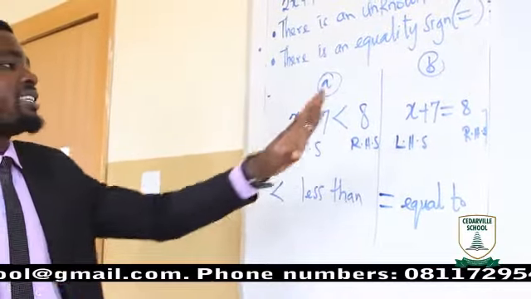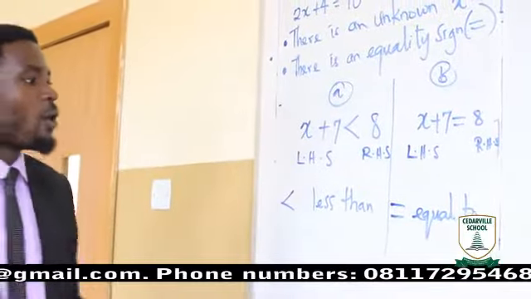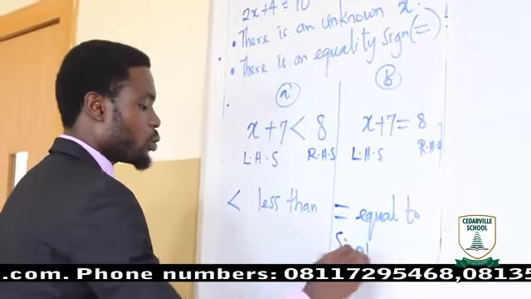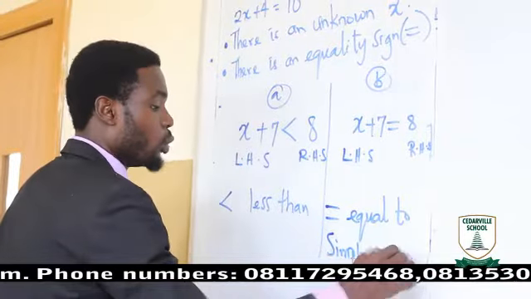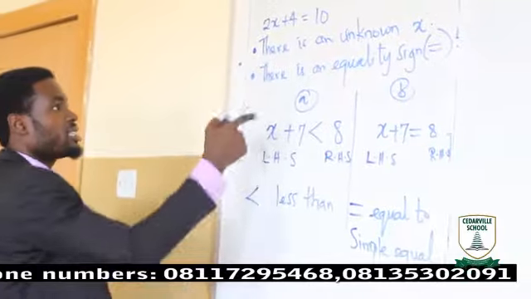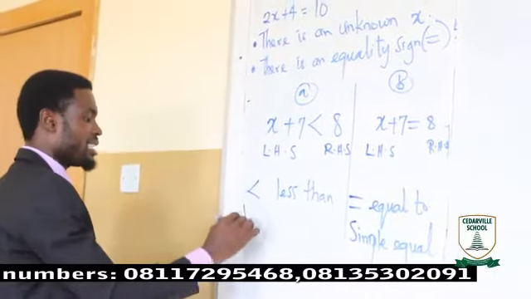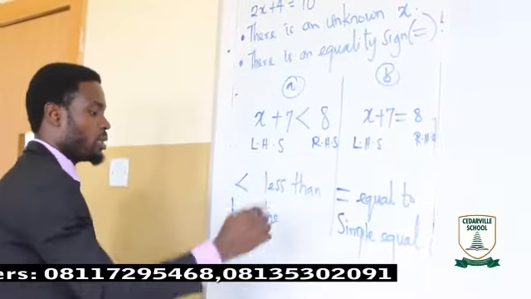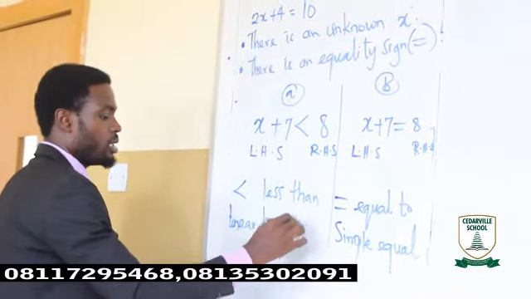That means they are two different things. Therefore, this is the simple equation that you already know, while this is the inequality that you don't know. So this is the linear inequality.